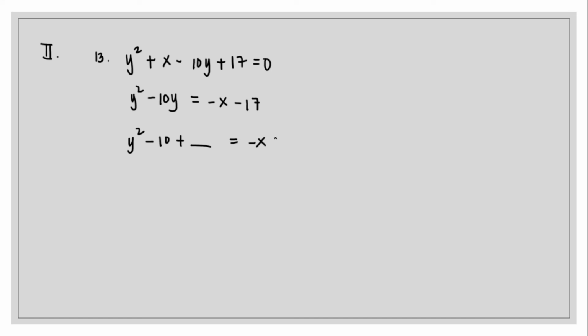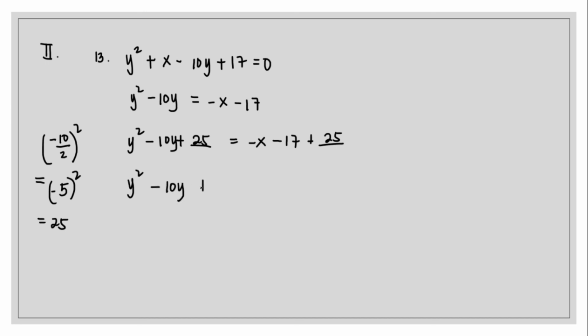Kung ano yung dinagdag nyo dyan sa left side, ganoon din sa right side. Plus third term. Paano kukunin yung third term? I-divide natin sa 2 yung negative 10. Tapos, squared nyo. What is negative 10 divided by 2? That is negative 5. Then square nyo, that's 25. So this is 25. It's also 25. Okay, so y squared minus 10y plus 25 is equal to negative x. Negative 17 plus 25, that's plus 8.